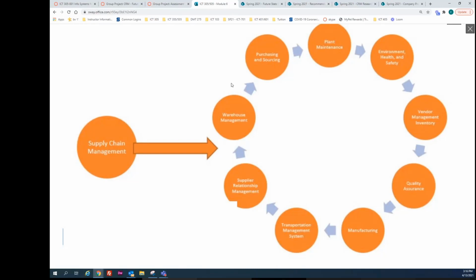So there is a lot that goes into supply chain management. This is part of the reason why we don't get a lot into this in the group project, because this is a whole other realm of an enterprise resource planning module system. When you add manufacturing, we're like a Ford plant.